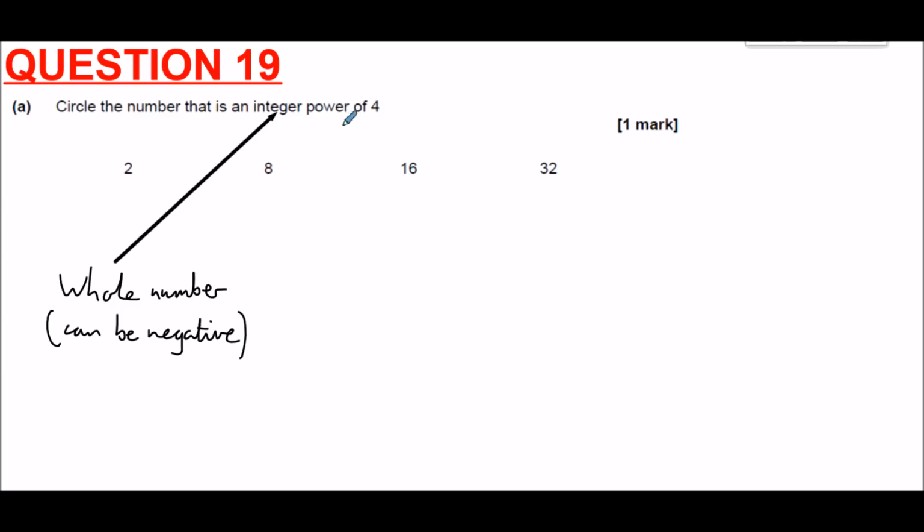So integer powers of 4 just means things along the lines of 4 to the power 1, 4 to the power 2, 4 to the power 3, and so on. And even 4 to the power minus 1, 4 to the power minus 2.